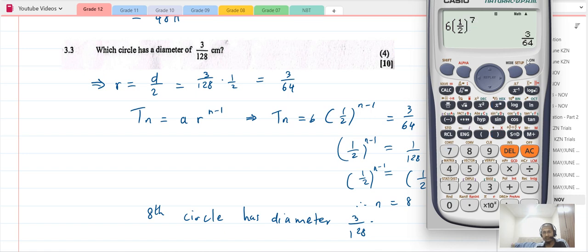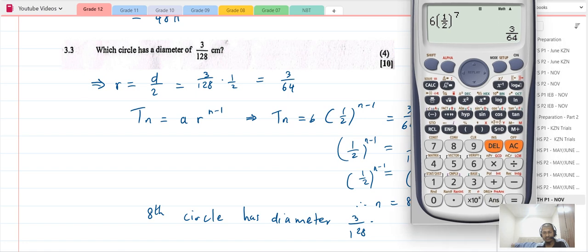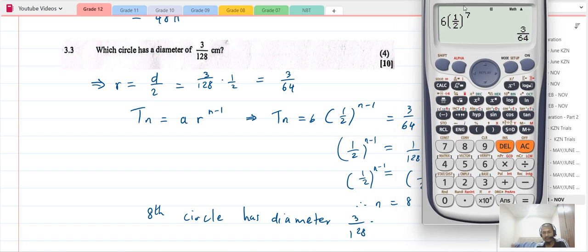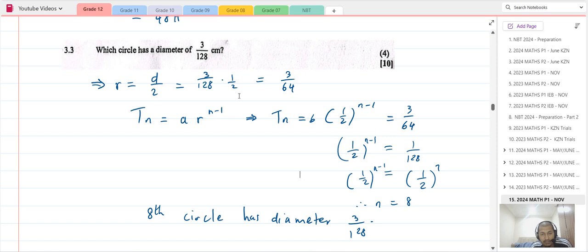We get 3 over 64, and if we multiply the radius by 2, we made a mistake. Multiplying by 2 should give 256, not 64. That's why this is not working. So it's not the 8th circle.